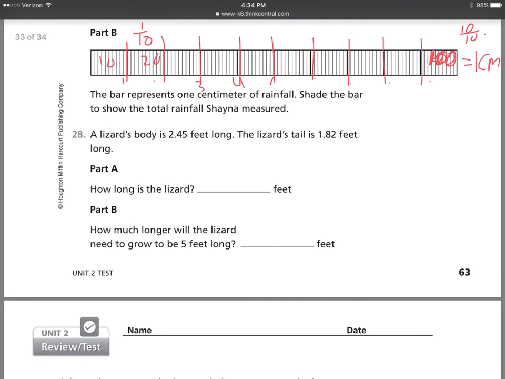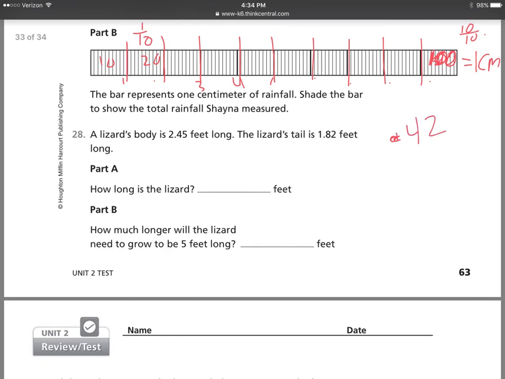Well, it's asking you to shade the bar to show the total rainfall Shayna measured. Well, you will have to go back to the previous graph and add up all the rainfall. Once you have a total, you can shade it in. The total will probably be in hundredths. And so you could just shade in the total number of hundredths that you have. Let's just say, for example, the total was 42 hundredths.